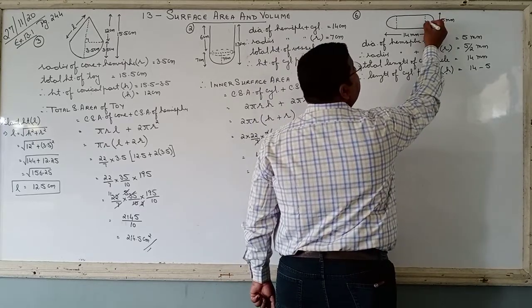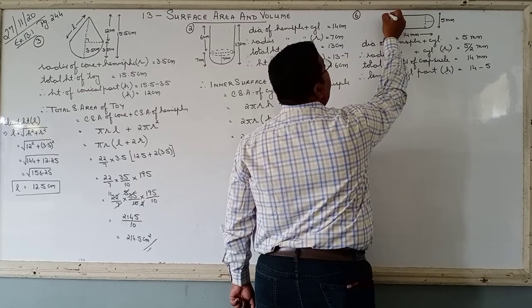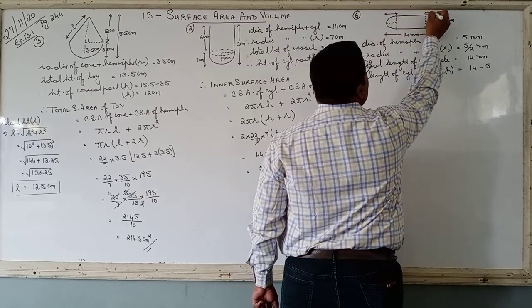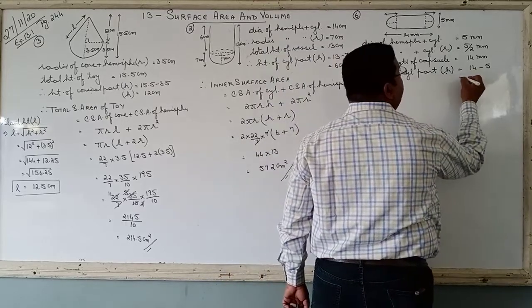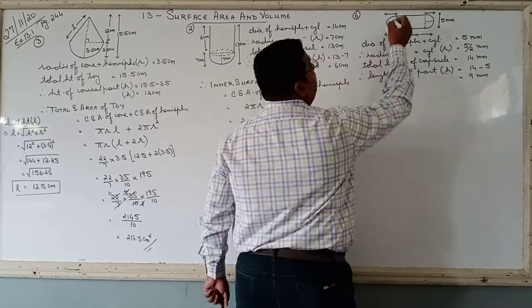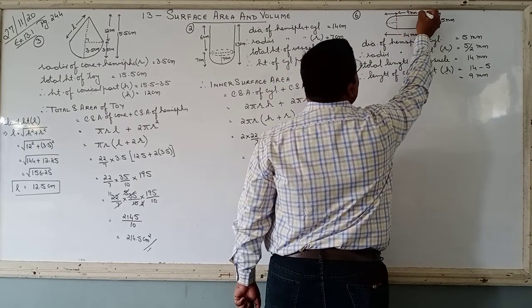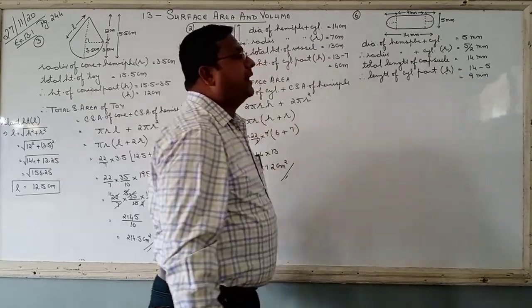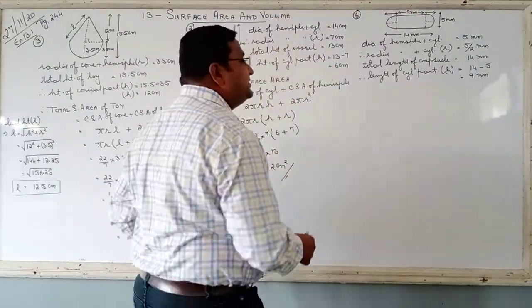Why? This is radius 5 by 2, and this is radius 5 by 2. So this 5 by 2 and 5 by 2 will be subtracted from the total. Yes. So 14 minus 5, that is how much? 9 millimeters. The length of this cylindrical part will be 9 millimeters. Correct? Now he says find its surface area.